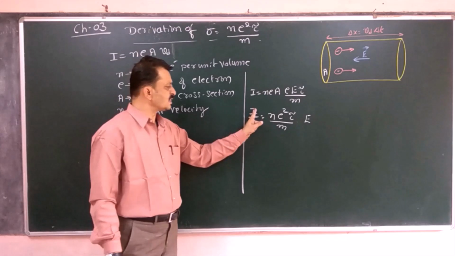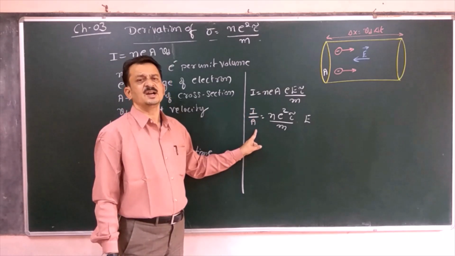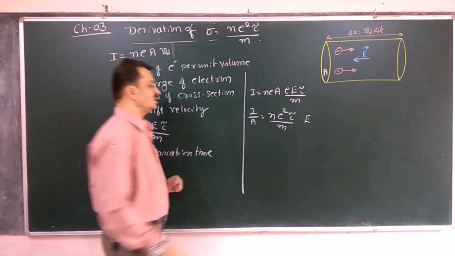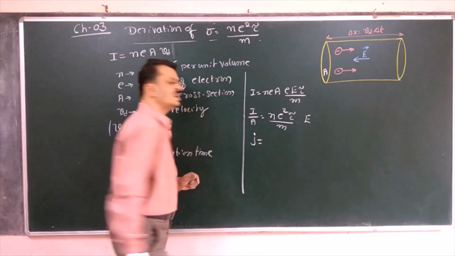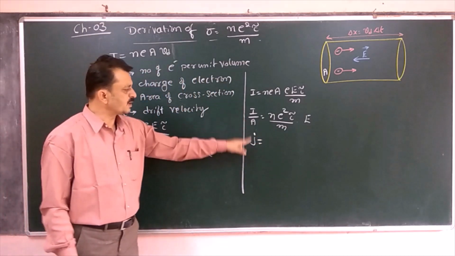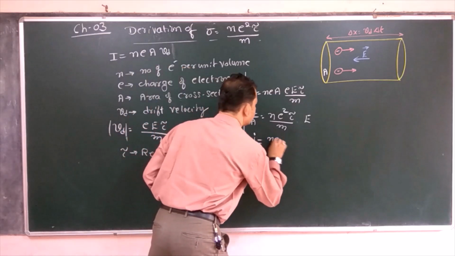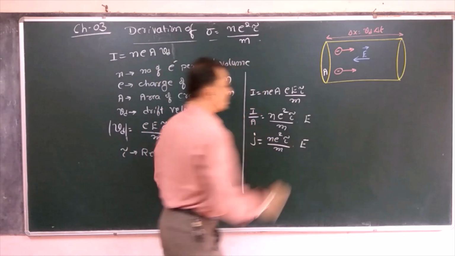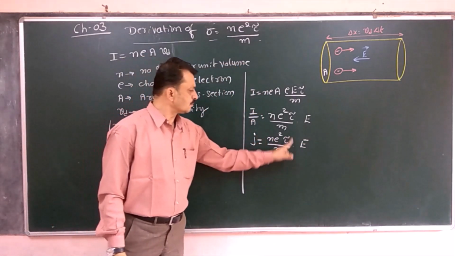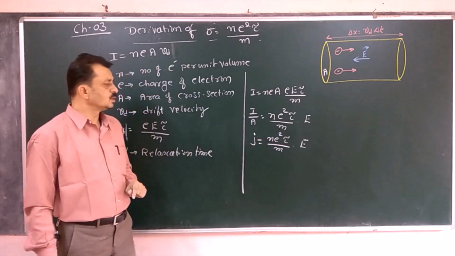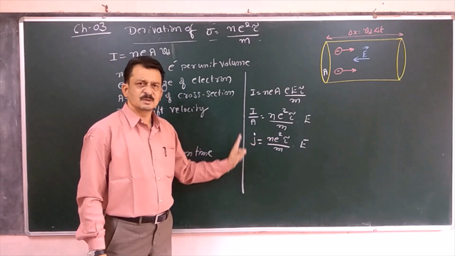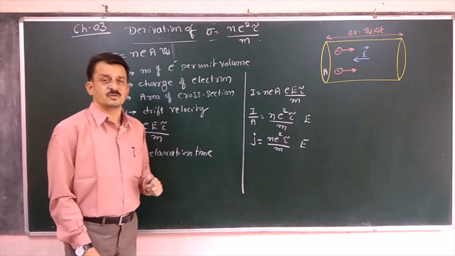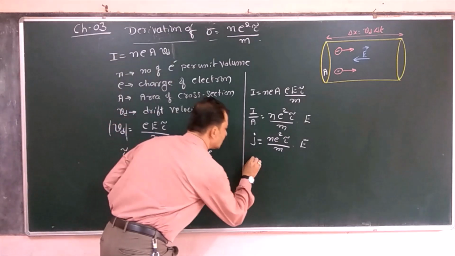Now we are familiar with what I by A is, current per unit area. That current per unit area we have already defined as current density J. Therefore I by A is equal to J. So J is equal to n e square tau divided by m into E. Now carefully look here. This term is a constant. This expression is similar to J is equal to some constant into E, that is the alternate form of Ohm's law that we have already derived.